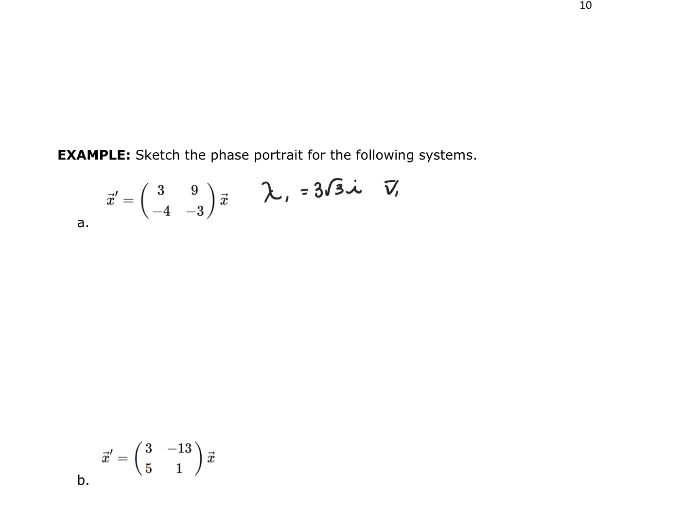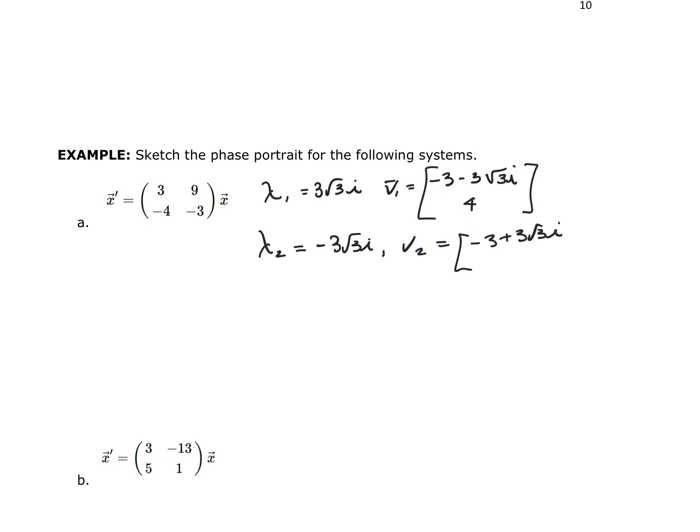The v sub 1 that is associated to this would be negative 3 minus 3 square root of 3i, and 4. My lambda sub 2 is going to be negative 3 square root of 3i, where my v sub 2, of course, is the conjugate of the other one, so negative 3 plus 3 square root of 3i, and 4.